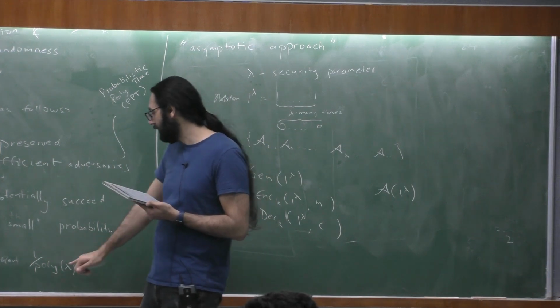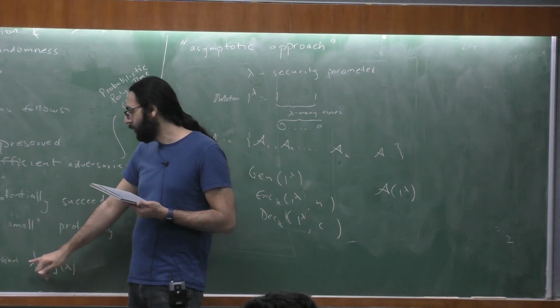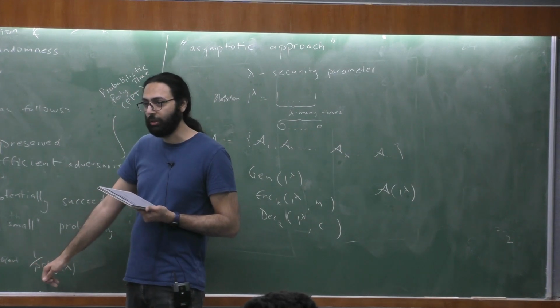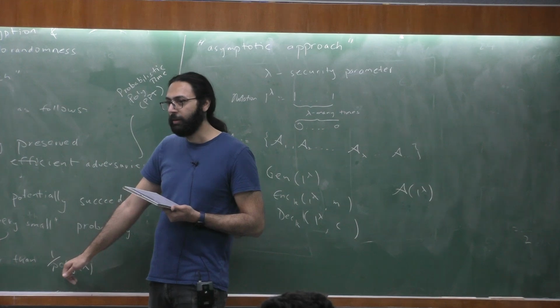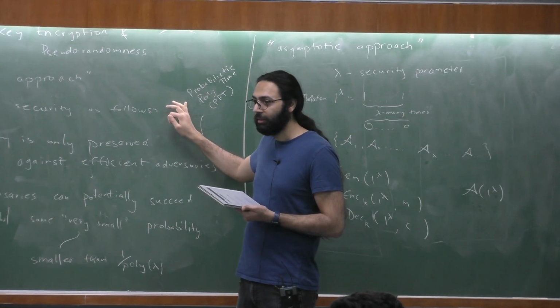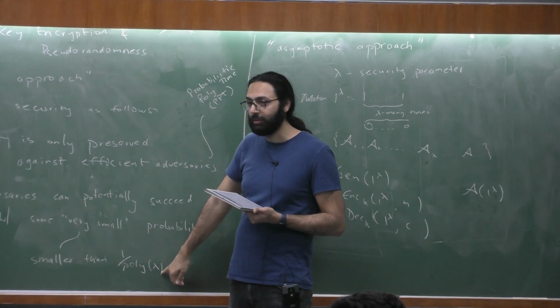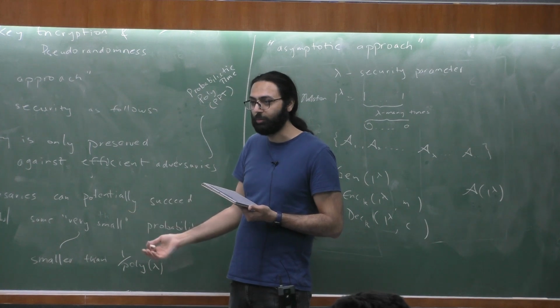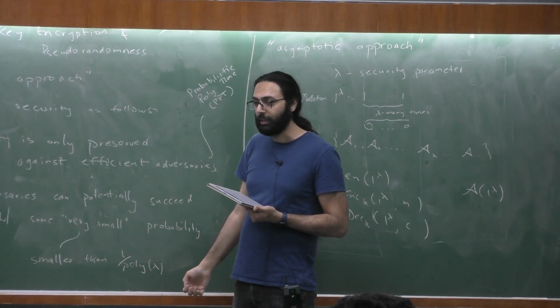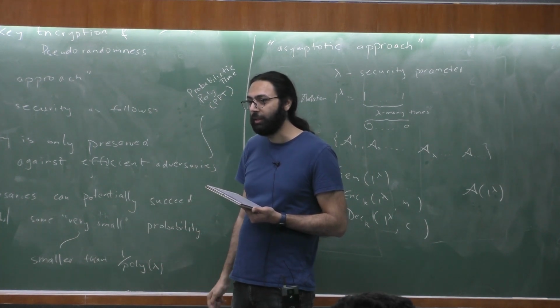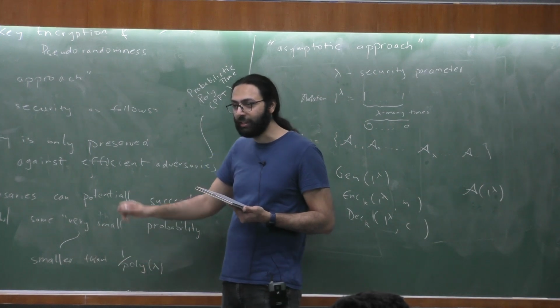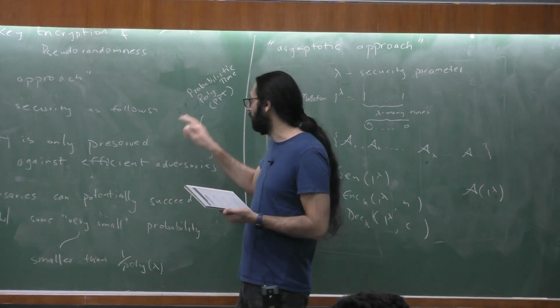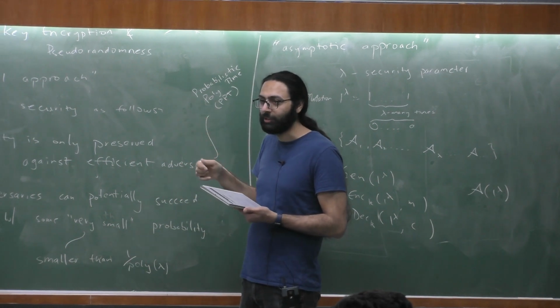over poly? Yeah, so this is related to the fact that if you have an event that happens with 1 by poly probability, and you're an efficient machine, you can repeat it poly many times and observe it with some constant probability, right? So if it's strictly less than 1 by poly, then regardless of how many times you repeat, as long as you're efficient, you would not be able to actually observe the event.